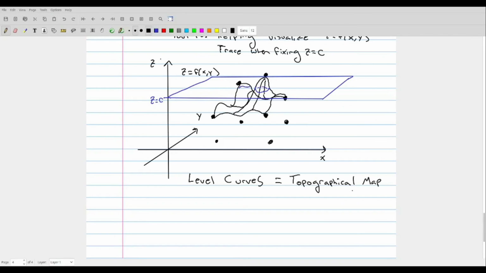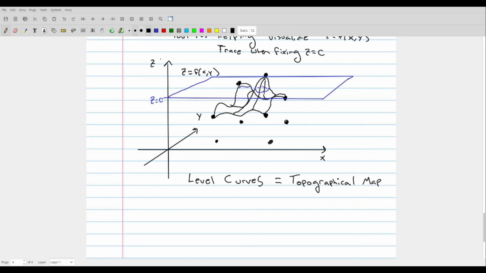Specifically, the topographical map that you're interested in when you're hiking gives the height of the terrain at any given point. So the level curves on the topographical map give you the height of the mountain or the trail that you're on while you're hiking.